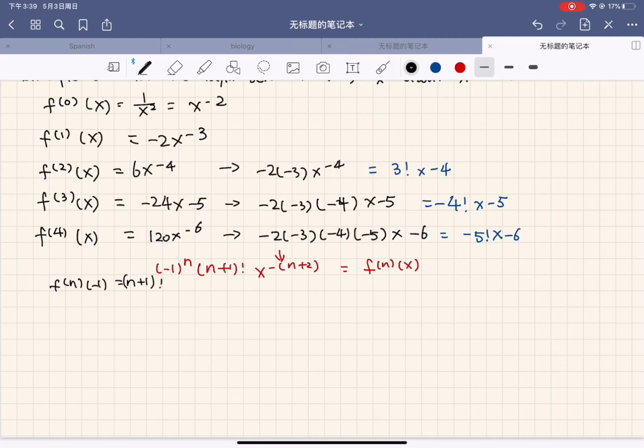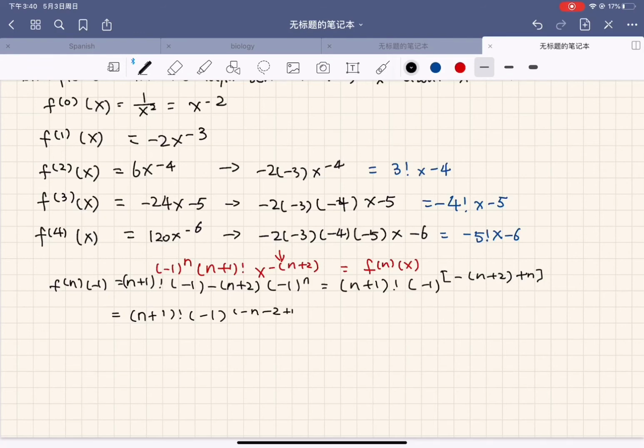So here we start with -1, which is equal to (n plus 1) factorial times -1 to the power of n plus 2 times -1 to the power of n. And we can further write it as (n plus 1) factorial times -1 to the power of -(n plus 2) plus n. Here we add the powers together, so the next step we can write it as (n plus 1) factorial times -1 to the power of -n minus 2 plus n.